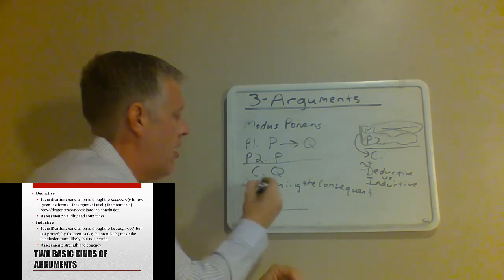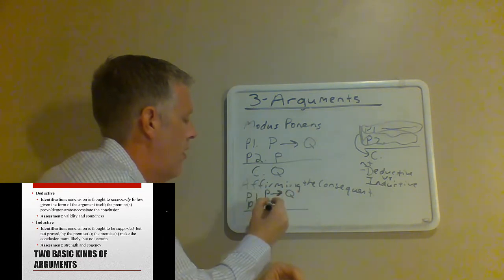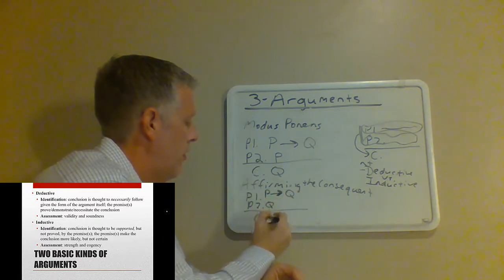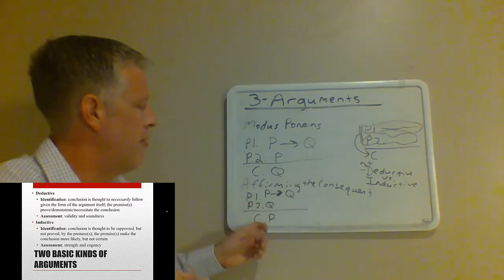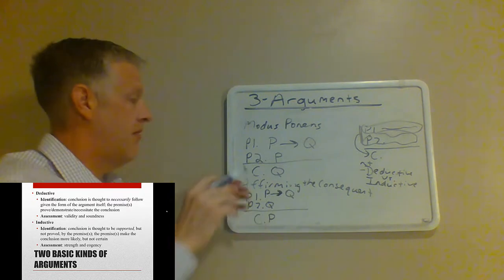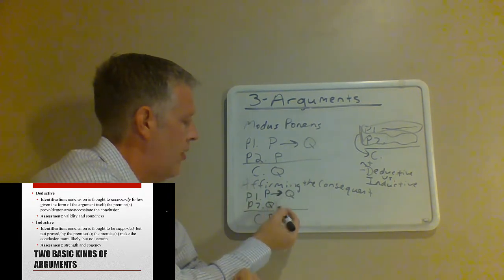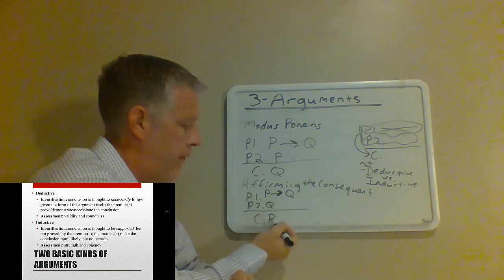They made a mistake. Because the way this one works, if P then Q, and then we're told Q, and then they want us to conclude therefore P. So the person offering this says something like, if it's a cat, then it's an animal. It's an animal, therefore it's a cat.